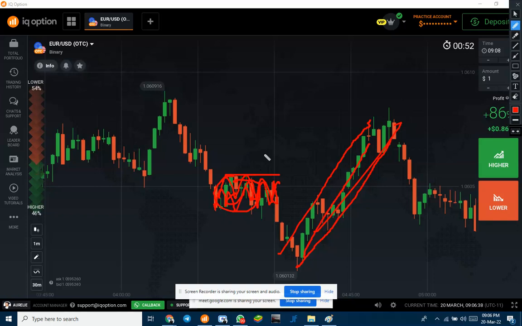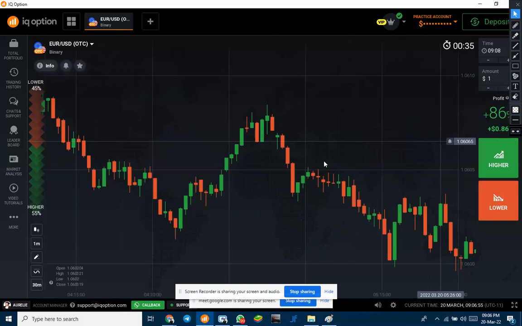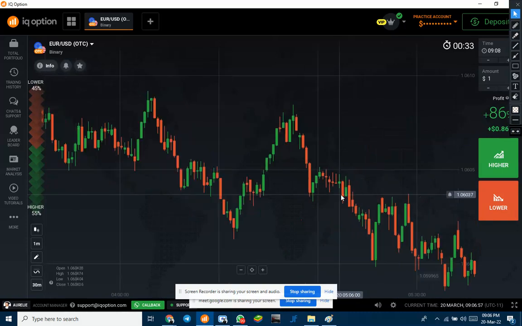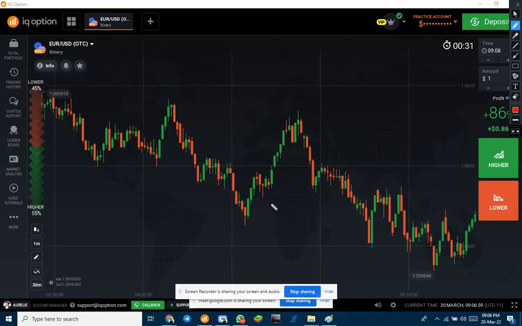Maybe you just open the chart and the current price movement is something like this. Avoid it. Do not trade where the market is consolidating. It's not easy to predict candles in that kind of situation. Same thing here. Let's say for instance you draw a level here, then price approaches the level and reverses.